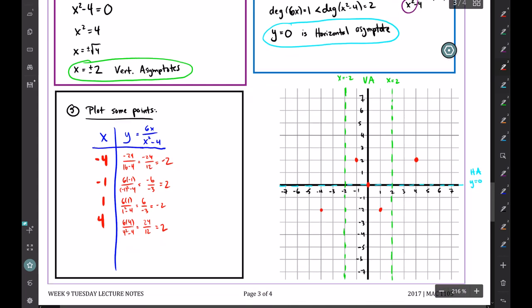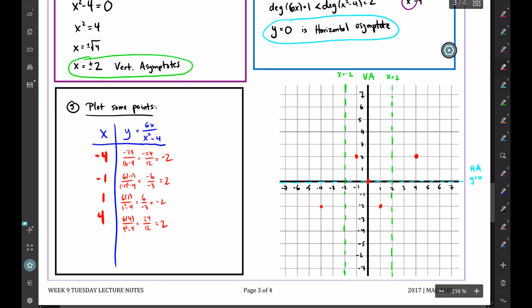And now you might want a little bit more information. So let's try plugging in -3. If I plug in -3, I get 6 times -3 over -3 squared minus 4. So that's -18 over 9 minus 4, which is 5.